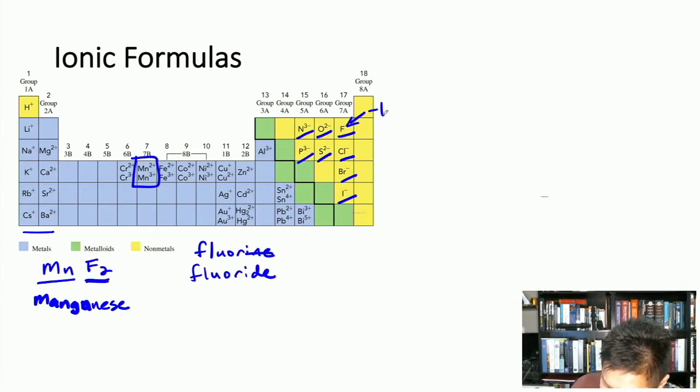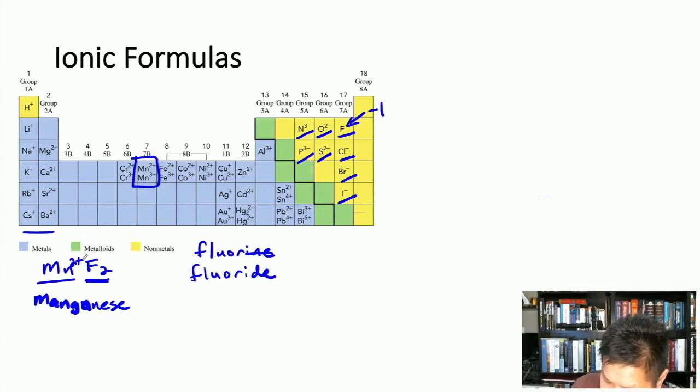So I need something that can match up with having two fluorides that are -1, which means combined it's -2, right? So the only thing that can balance out a -2 charge on the fluoride side is manganese 2+, right?